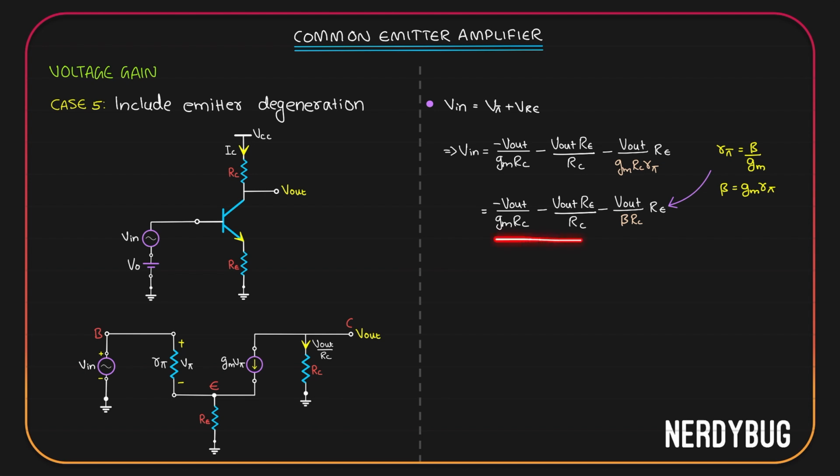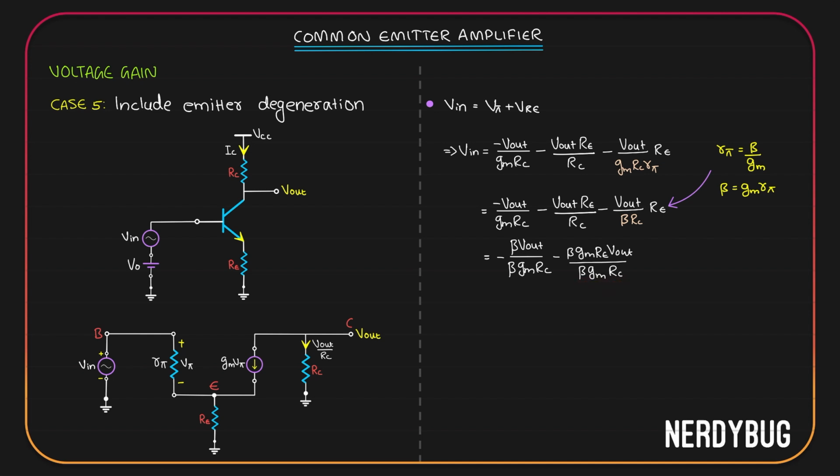Now we have to add all of these three fractions. Obviously, they have different denominators, so let us try to make a common denominator for all of them. I will multiply and divide the first term with beta. That gives me minus beta Vout divided by beta gm RC. For the second term, I only have RC in the denominator. To make it beta gm RC, I will multiply and divide it with beta gm. That gives me minus beta gm RE Vout divided by beta gm RC.